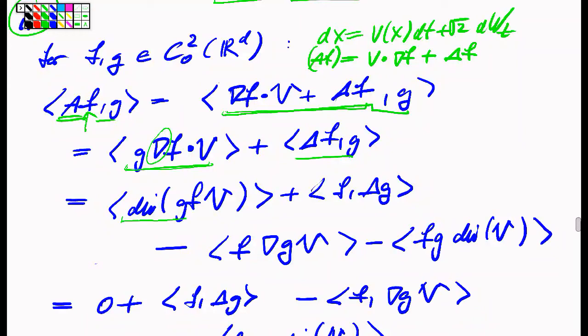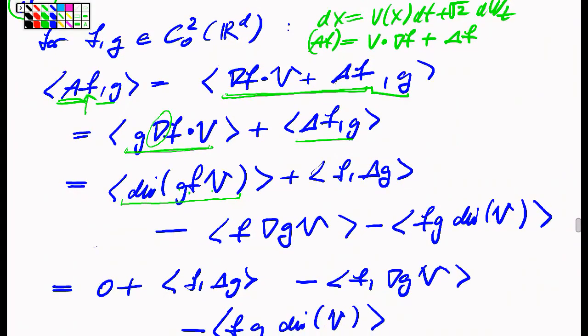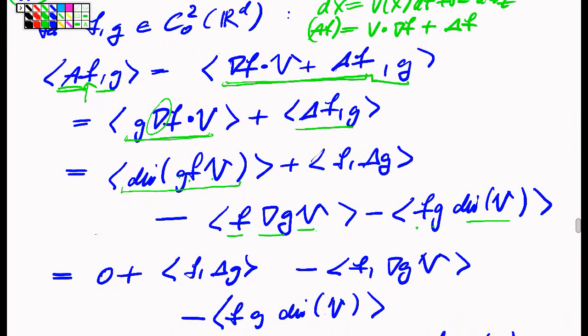By Leibniz rule, this is effectively the divergence of the vector field obtained by taking the product of g and f with the vector field v. And what is then missing? By Leibniz rule, there are two terms missing: f times grad g times v, and the product f g times the divergence of v.